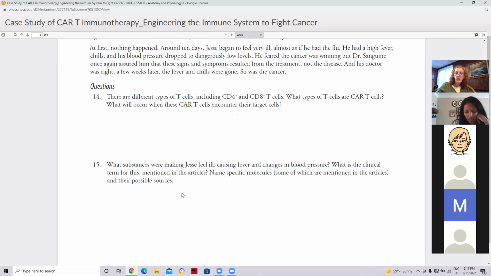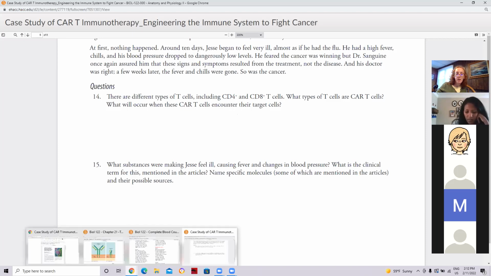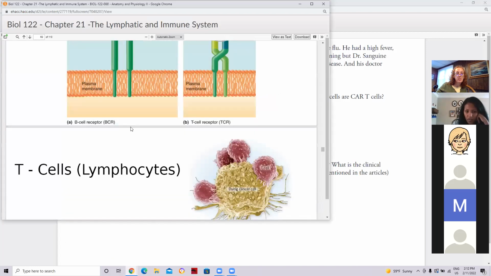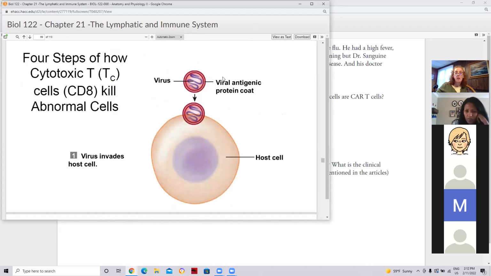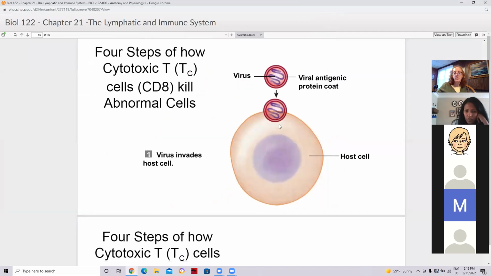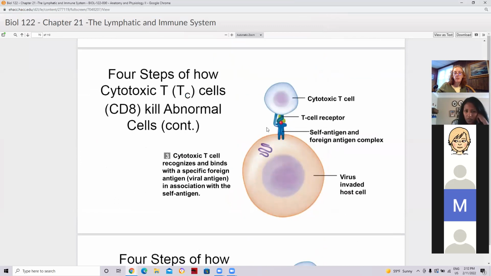Can you say that again? So they bind to what? Rather than it being a virus infected cell, instead of saying cytotoxic T cell here, say the CAR T cell is going to recognize and bind to the specific CD19 marker antigen.